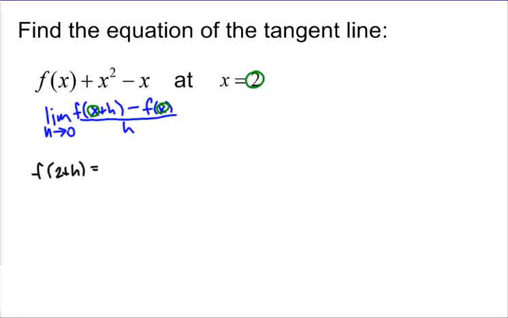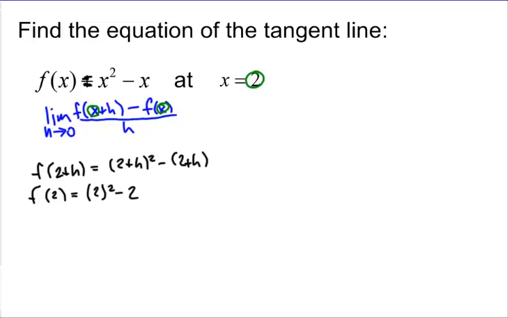That looks like, this should be an equal sign, by the way, 2 plus h squared minus 2 plus h. And then what does f of 2 look like? It looks like this: 2 squared minus 2. So here's your opening set.